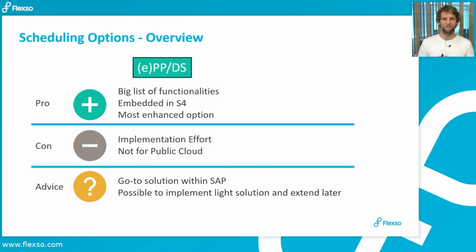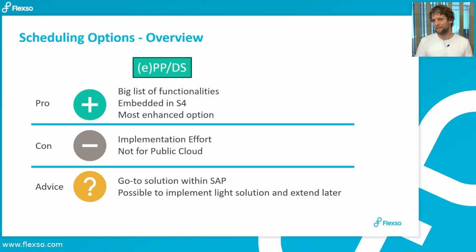Then next, embedded PPDS. As I mentioned, there is a big list of functionalities possible. It is embedded in S4 and it's the most enhanced option. So obviously 3 big pros. So what are the reasons that you might decide no? Of course, there's an implementation effort. With complexity comes effort, which means that you need a project, you need analysis, you need implementation of those functionalities. So it does come at a cost of effort.